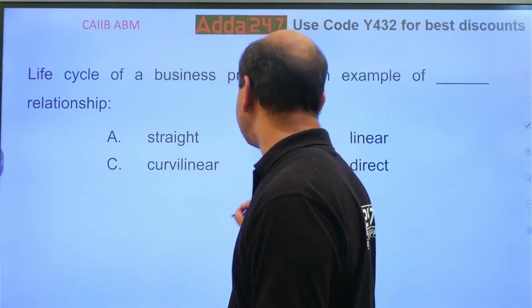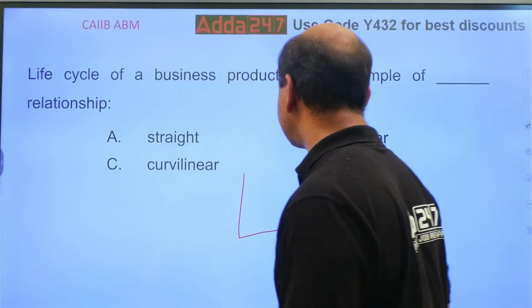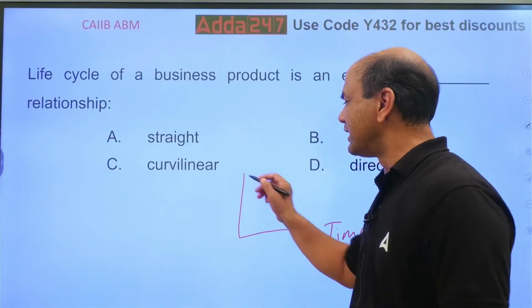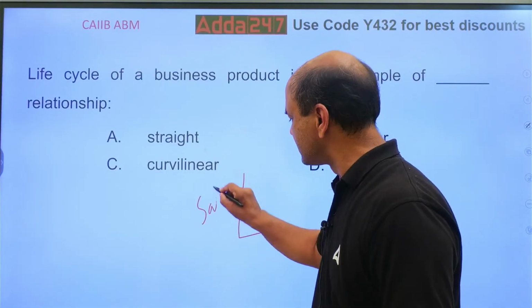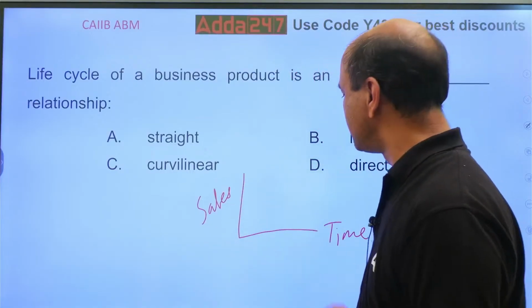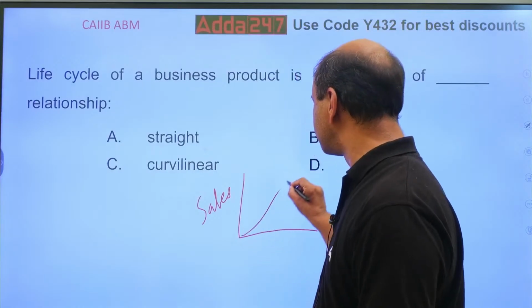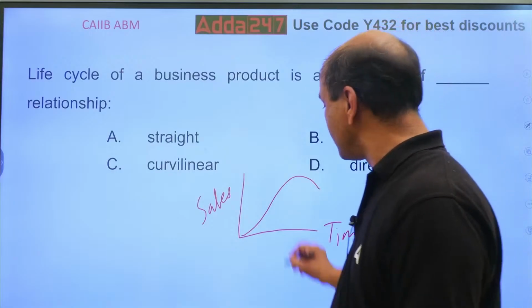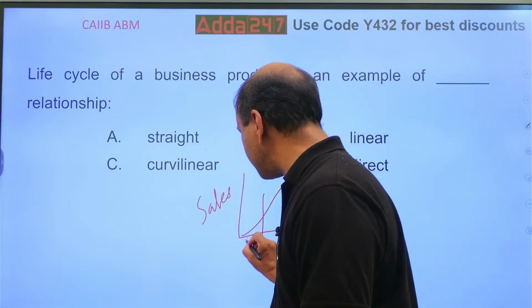See, the life cycle of a business product goes like this. This is time. And this is sales. Time and sales. The life cycle goes like this. Remember this? JAIIB. This is the introduction. I'll write it over here.